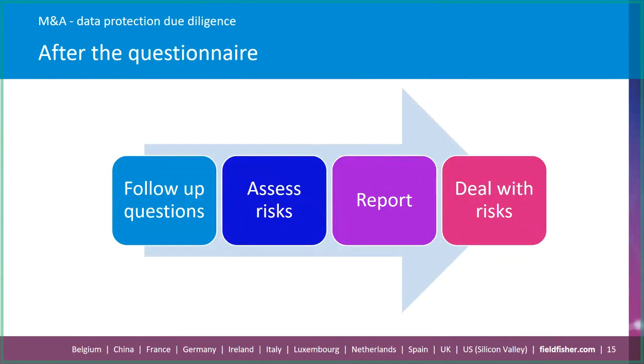And once you've highlighted any risks, gaps and concerns, you need to assess whether they are simply items that you can deal with post-completion to make sure they are in line with the rest of your organisation, or whether they're actually high risk and could potentially undermine the transaction. And then we get to the report stage.